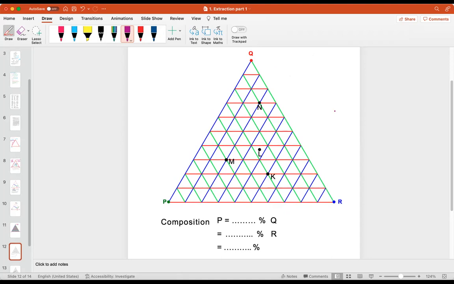Try to read this one: M, N, L, and K. While I grab some coffee or something, have a look, 5 to 10 minutes, try to familiarize yourself with this formula, and then read the composition in each one. You should be able to read it without using the ruler, because there you have the scales.